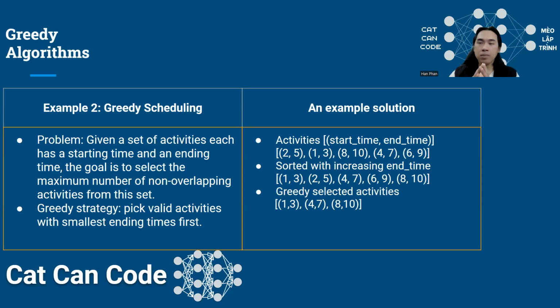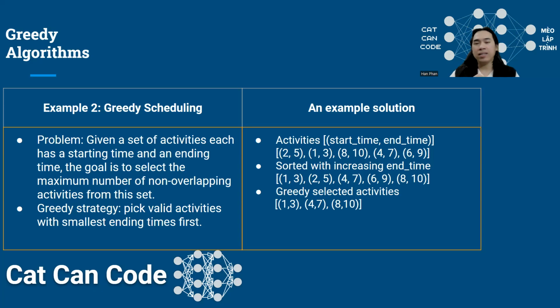So the greedy strategy here is that we're going to try to pick the valid activities with the smallest ending time first, because we want to maximize the number of activities, right? So the common sense here, greedily, we're going to just choose the one that has the smallest ending time so we can stack more activities after that one ended.